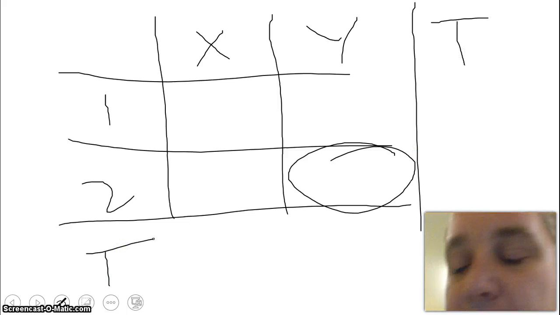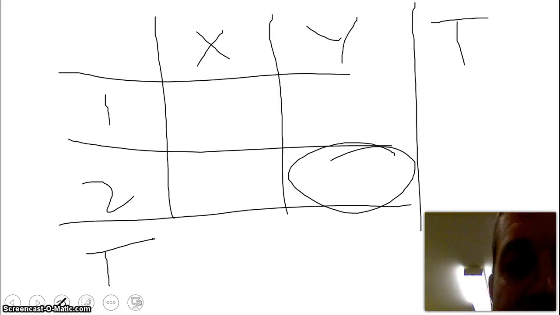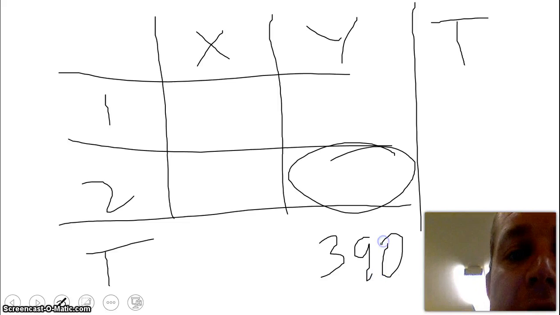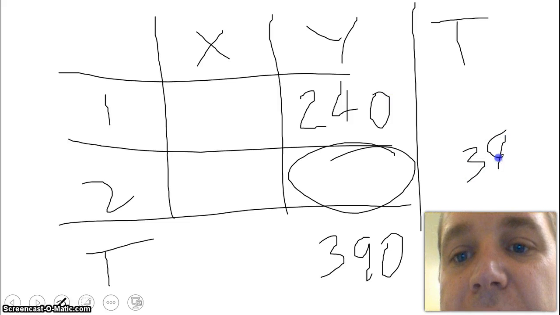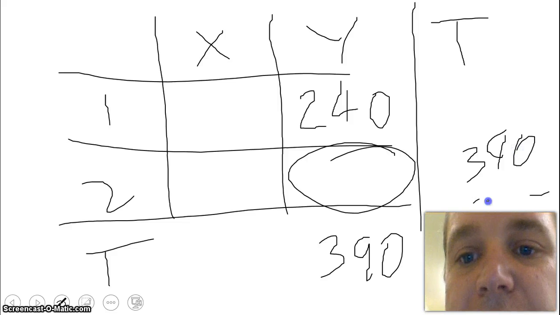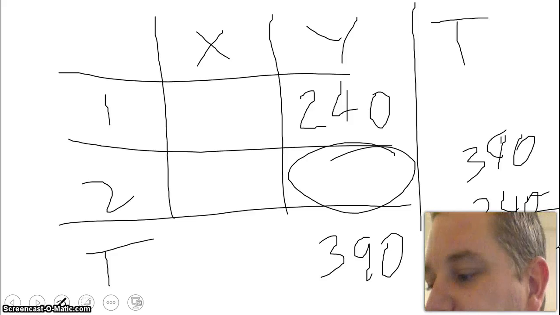To work that out, we've got the total amount of brand Y sold, which was 390, and the amount sold in week 1, 240. Nice easy one: 390 take away 240. 0, 9 minus 4 is 5, 3 minus 2 is 1. So we end up with 150 laptops.